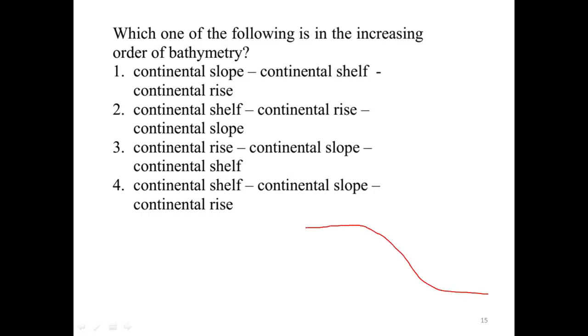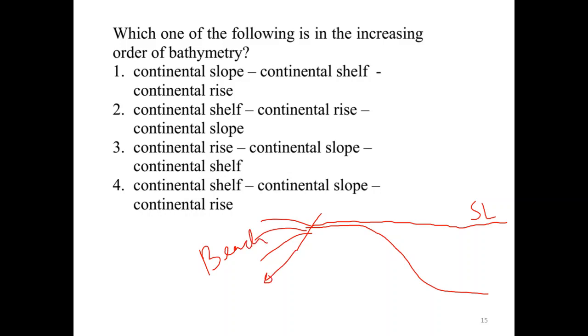This is the ocean bottom structure, and this is the sea level. This is the beach, this is the shoreline, and then we have the shallowest portion as the continental shelf, then the continental slope, and then the continental rise.